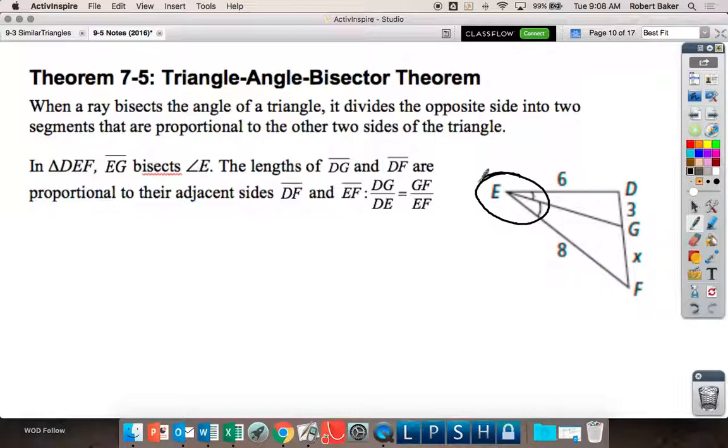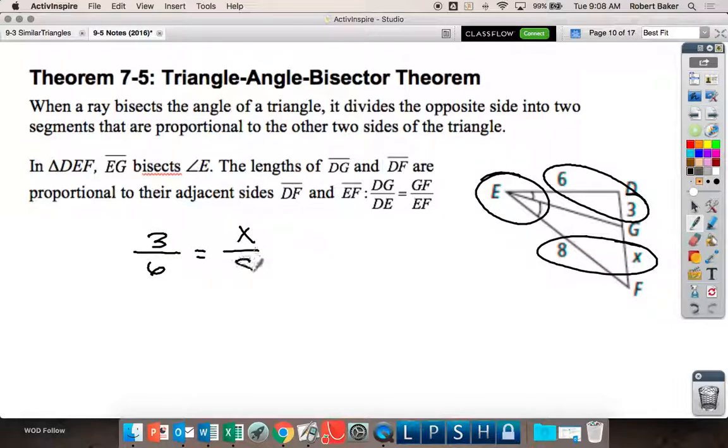Okay? To set up this proportion, you use lengths of one triangle over lengths of the other triangle. So you can say 3 over 6 is equal to x over 8.